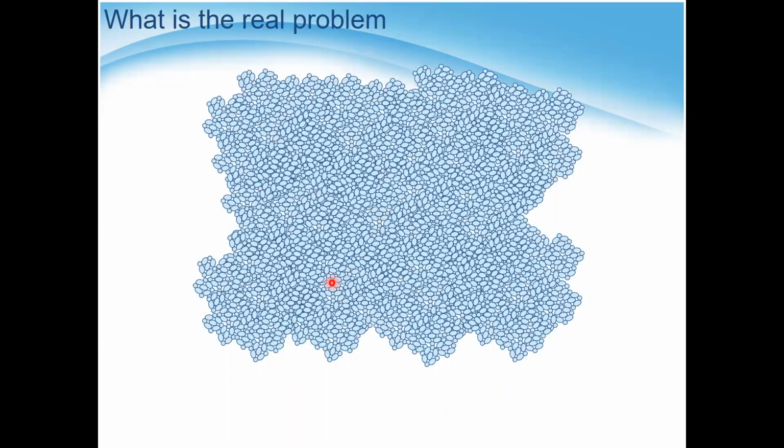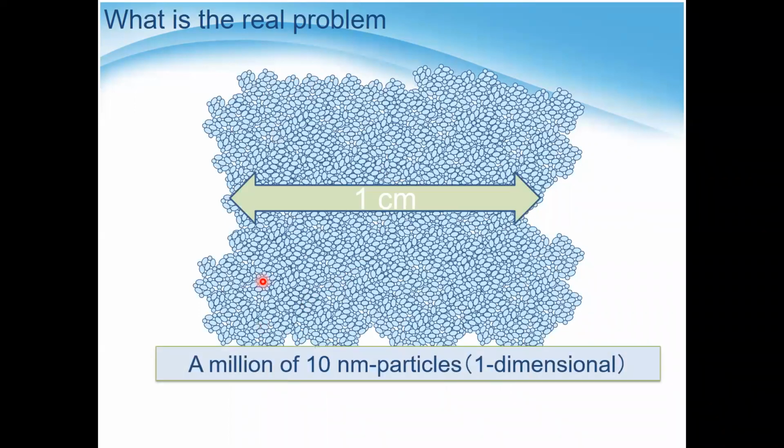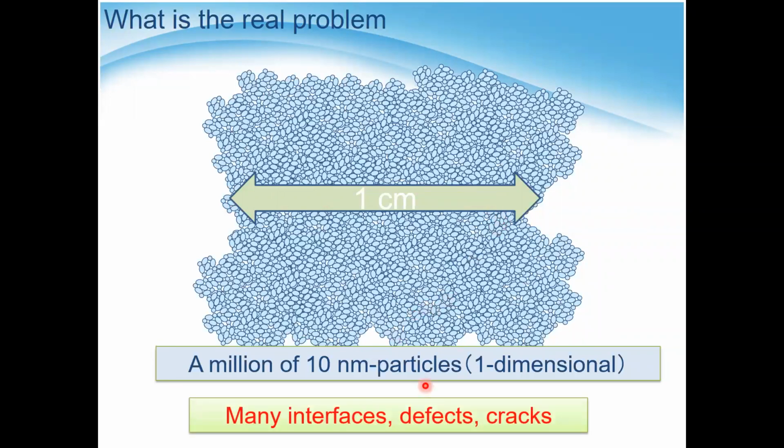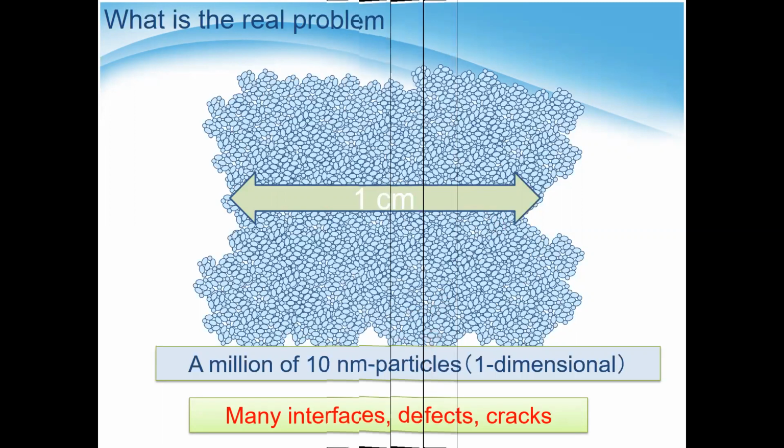So when we think about the particulate film, meaning the films made of the particles, and if you are trying to make a 1 centimeter photo device, if you are using the 10 nanometer particles in 1 centimeter, even for one dimensional, you need a million of particles on the horizontal direction. So there are many interfaces, defects, and cracks in this film. So that's a real problem.